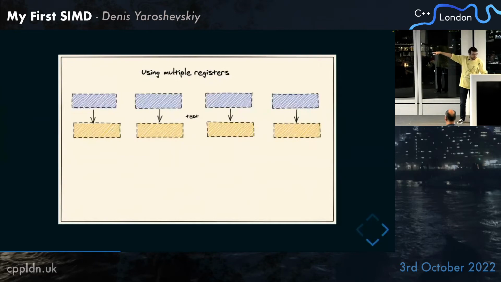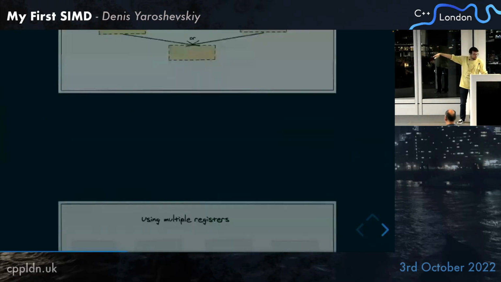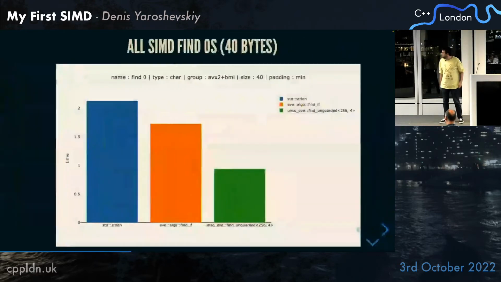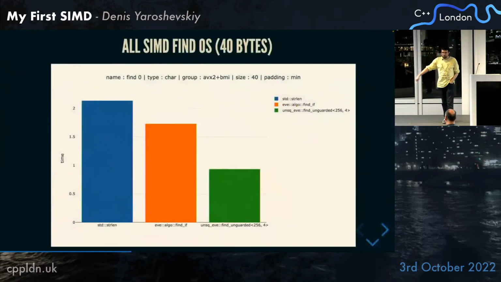You have 1, 2, 3, 4 steps to get 4 times 32 bytes of results, right? This is a good technique for general purpose find. For strlen, I don't think so, because it slows you down on small sizes, and strlen is more important for small sizes.